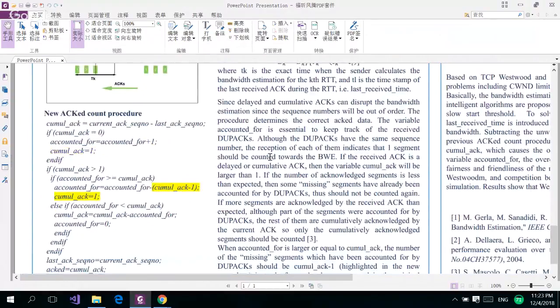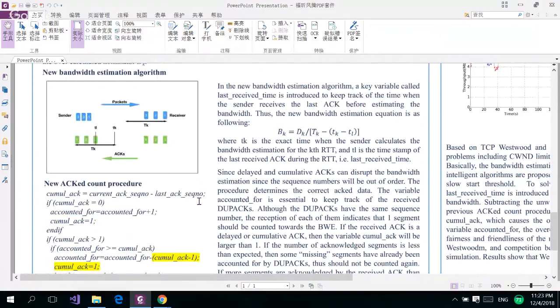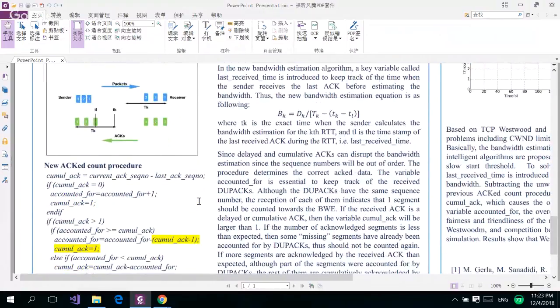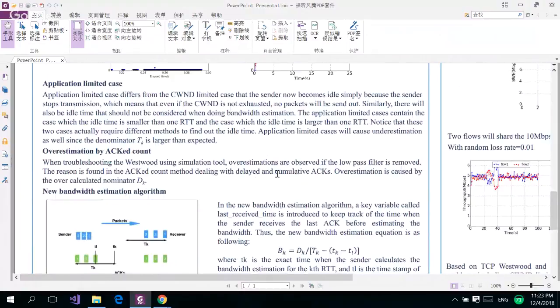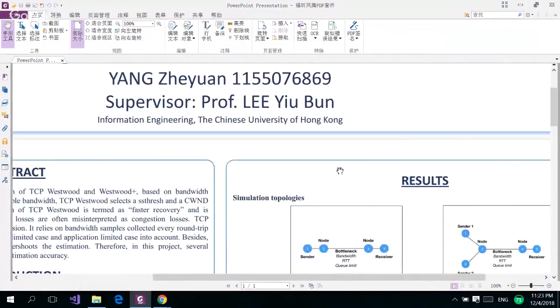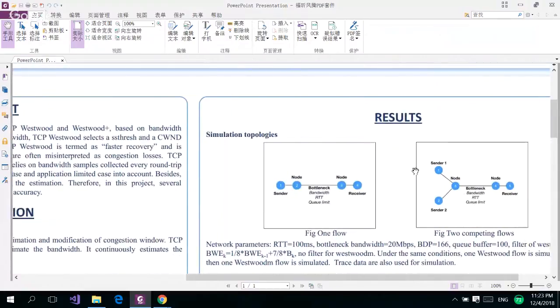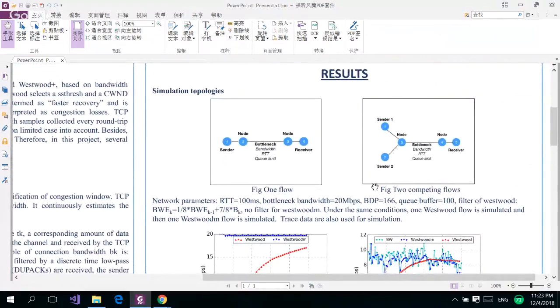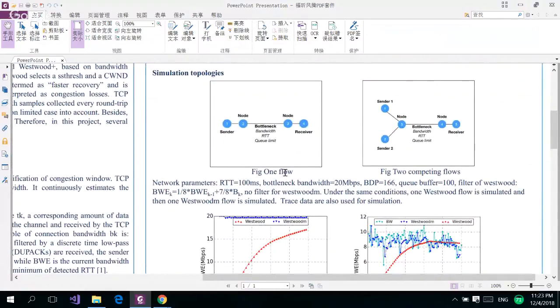Also, after we found the bug in the ACK count procedure, we changed the relationship, and it shows in the later results that it can solve the overestimation problem. As for results, we use two topologies to run simulation. The first one is a one flow topology.